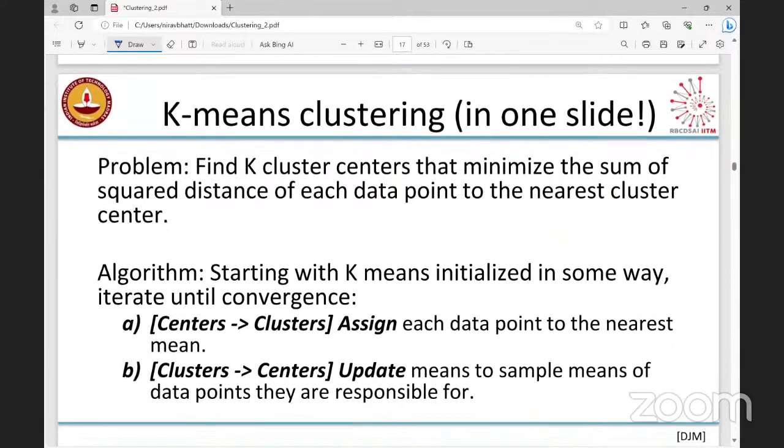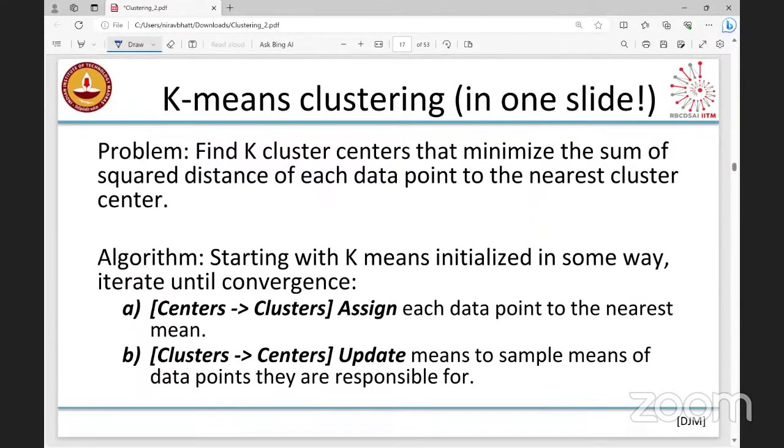So let me summarize k-means clustering in one slide. The problem we are solving is the following: find k cluster centers that minimize the sum of squared distance of each data point to the nearest cluster center. The algorithm is very simple. Start with the k centers, iterate until it converges.